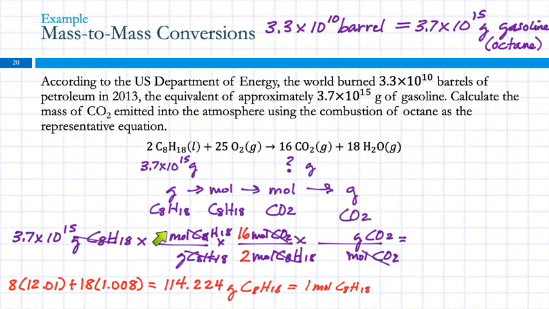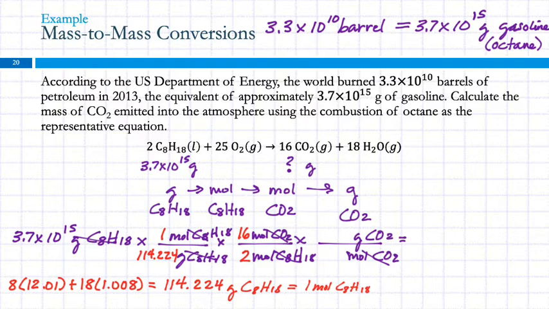So here I have moles on top and grams on the bottom. So I'm just going to put the numbers with the units. 1 mole weighs 114.224 grams. Yeah, that's too many significant figures. Too many significant figures inside the calculation never hurt anybody.